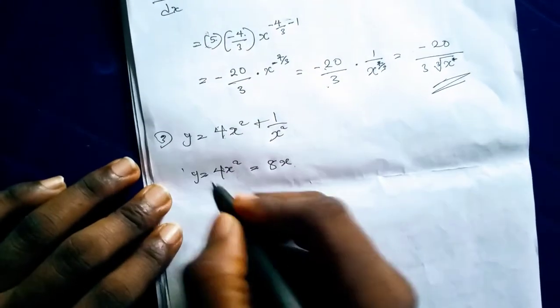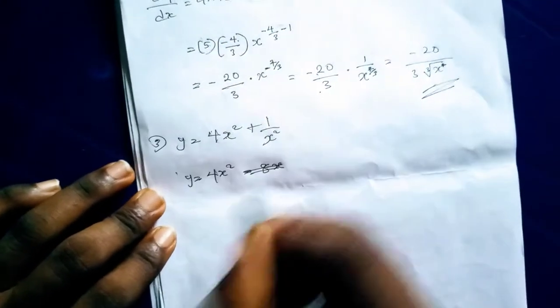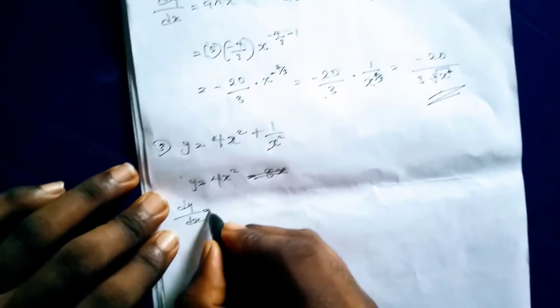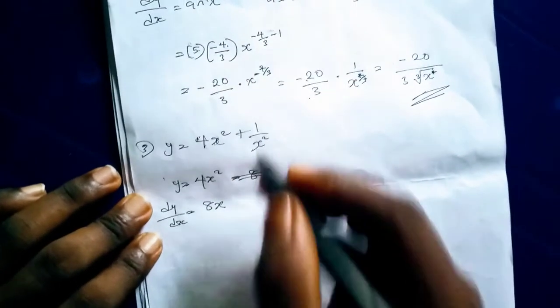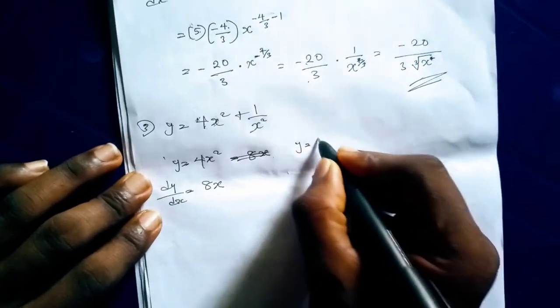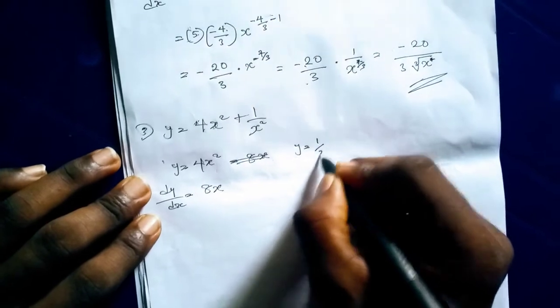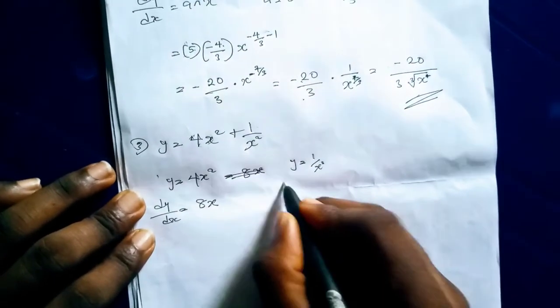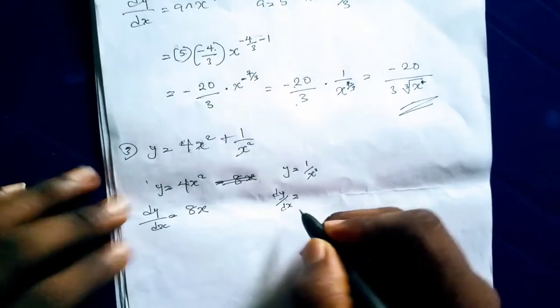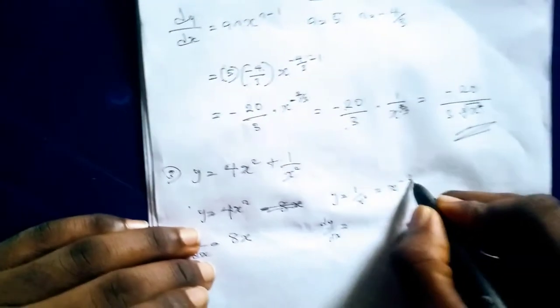The dy/dx of this is equal to 8x, while for the dy/dx of this, where y is equal to 1 over x squared, we break this down to x raised to power negative 2.